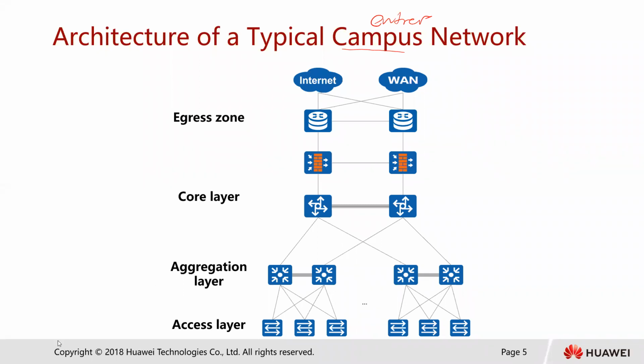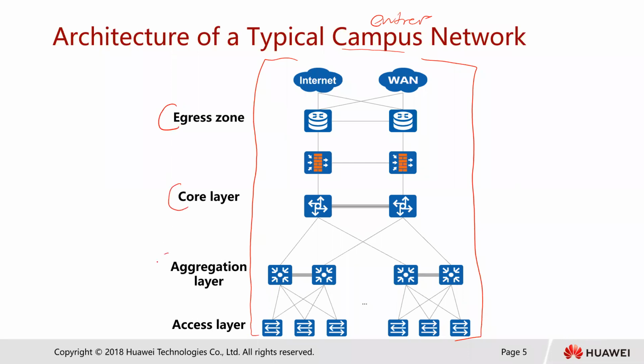And I must emphasize again that this is not in one room. This is the logical layout of a network. So according to this diagram, we have different layers. We have the egress zone, the core, the aggregation layer, and of course the access layer.